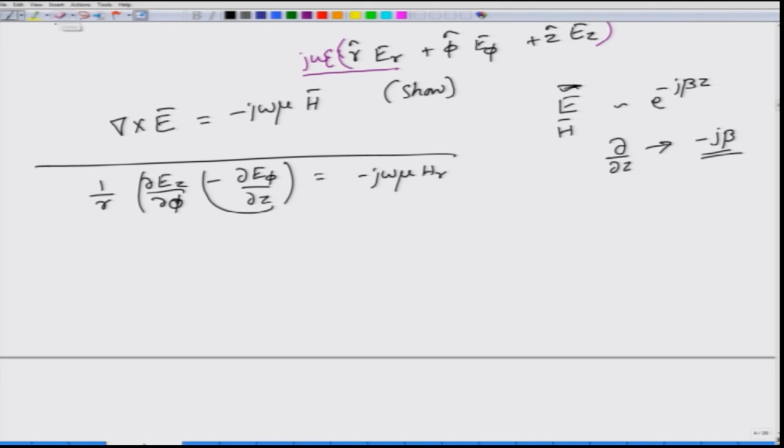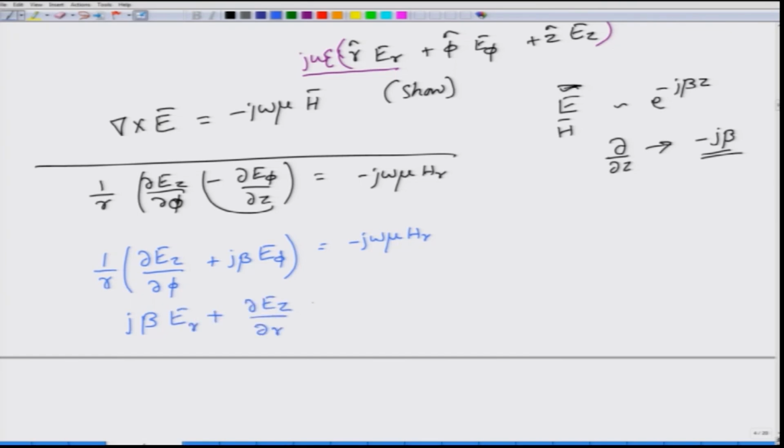So, I can rewrite this equation, I will write it here in blue, just to show the difference. You get del Ez by del phi plus j beta E phi, this whole thing is equal to minus j omega mu HR. We do this simplification in other places as well. So, the next equation that I get will be the phi term, which is j beta ER plus del Ez by del R should be equal to j omega mu H phi.